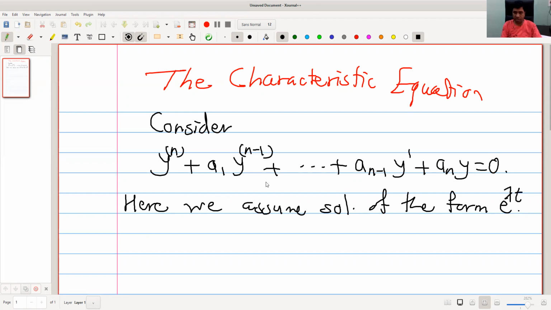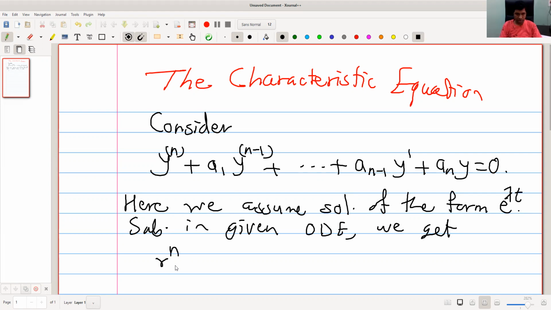And if we substitute in the given ODE, we get lambda raised to n plus a1 lambda raised to n minus 1 plus and so on plus a n minus 1 lambda plus a n, into e raised to lambda t equal to 0.